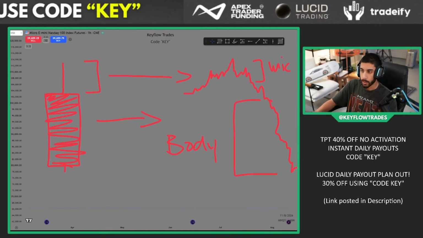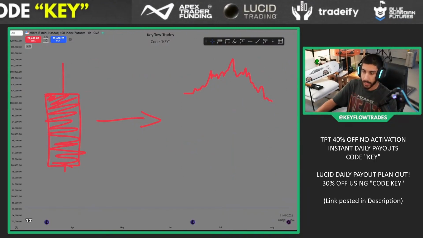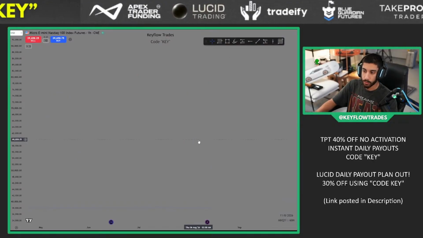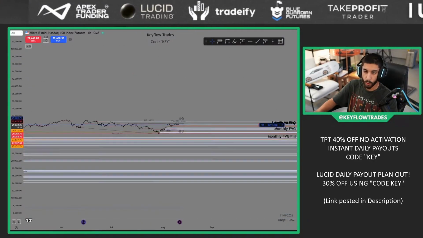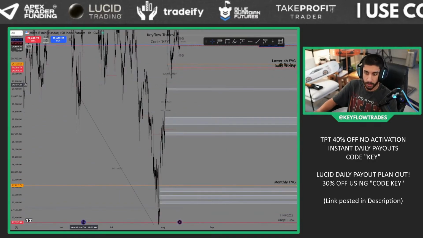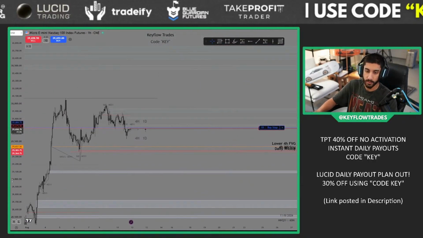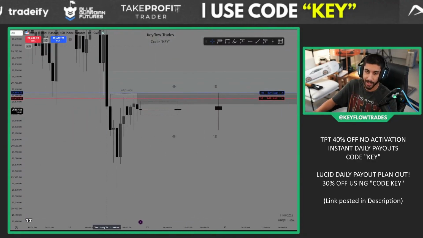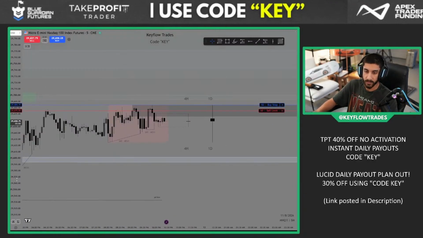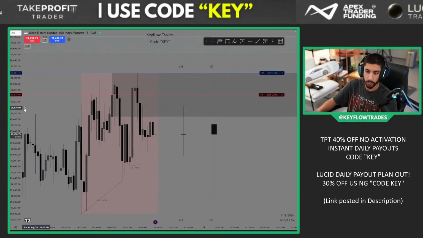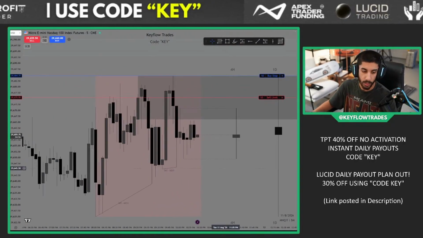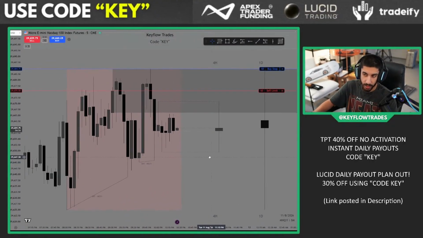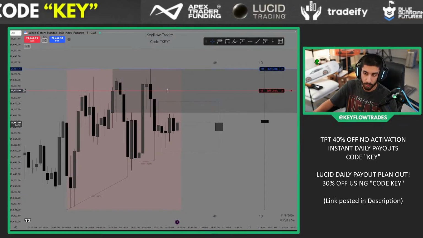So that's why that works, and that's why we use WICK CEs and midpoints of ranges and midpoints of wicks to get very, very precise. The intention is for them to be precise entries that don't have much drawdown. Because how much drawdown can you really have if you are entering at the middle of a range?